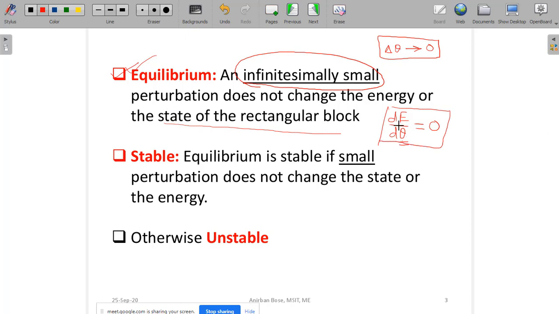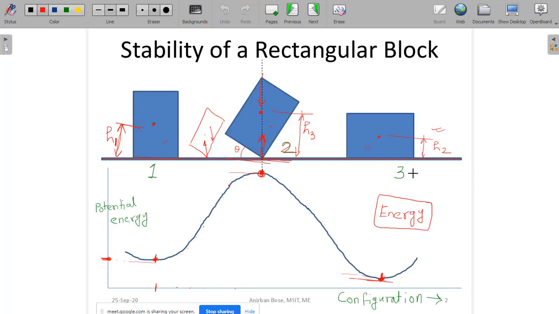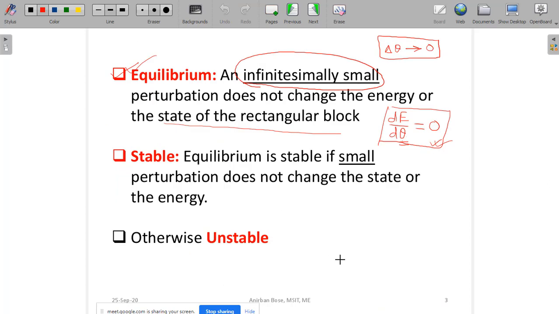In an energy configuration diagram, this indicates nothing but the slope of the diagram at that position. If you see carefully, 1, 2 and 3 are the positions where the slope is exactly 0. If you draw the tangent, the slope of the tangent is equal to 0. That means an extremum exists there. So this is the definition of equilibrium.